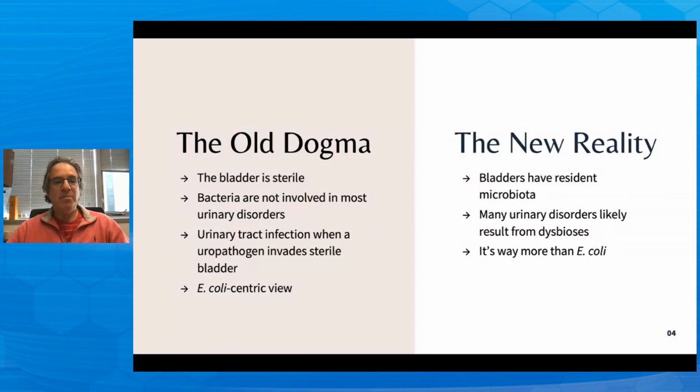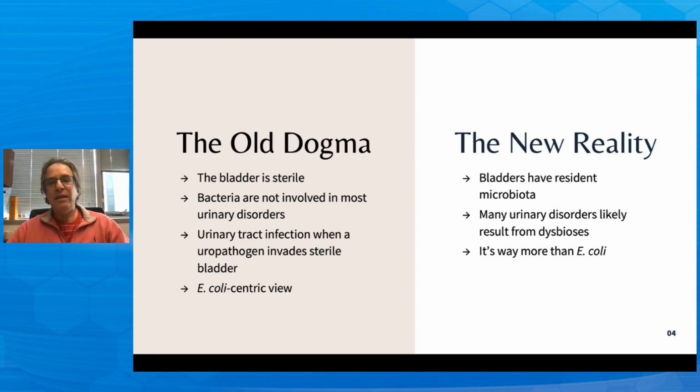First, I'm going to tell you why people thought that urine is not sterile. And then I'm going to show you how we determined that the bladder is not sterile. Okay, so here's the old dogma. The bladder is sterile. Bacteria are not involved in most urinary disorders. Urinary tract infections occur when a uropathogen crawls up the urethra into a sterile bladder, and it's mostly about E. coli.